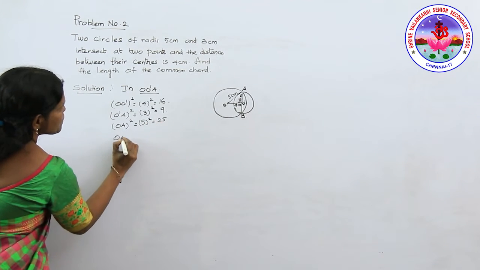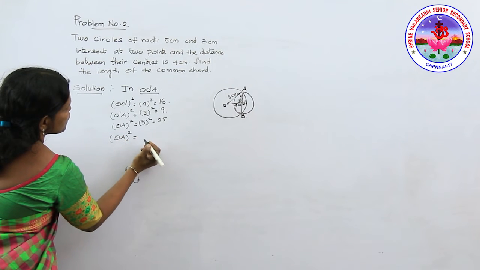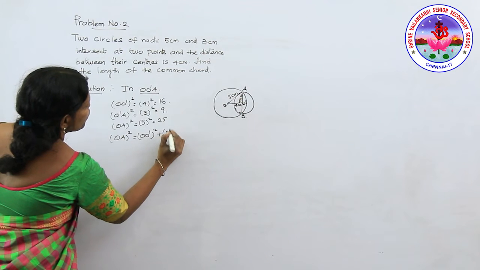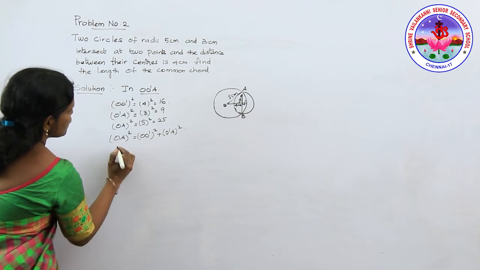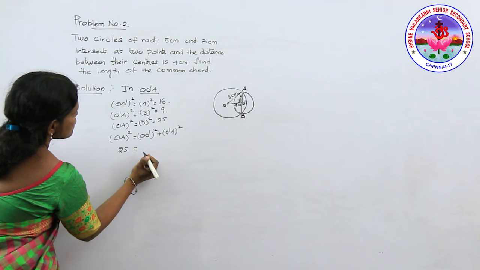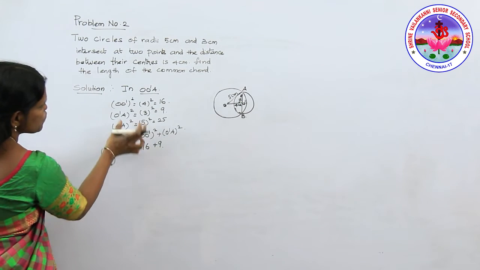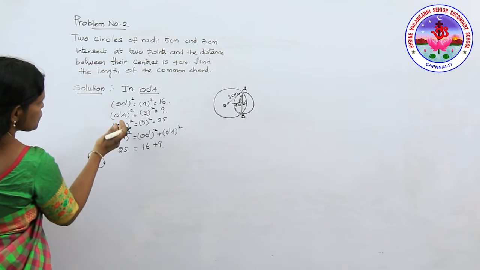So it satisfies that OA square is equal to OO dash square plus O dash A square, that is 25 equals 16 plus 9.